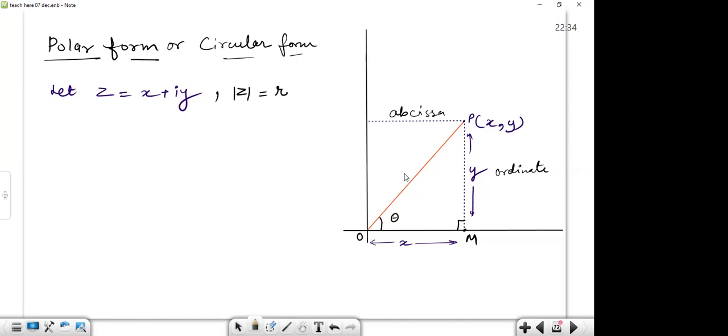Let's write it as R. So R is the length here, R is the hypotenuse. X is the base, Y is the perpendicular. If we find sine theta, that becomes Y over R, right?